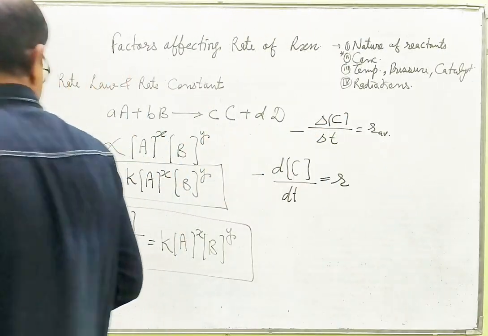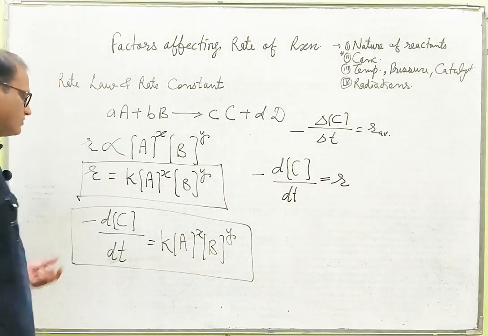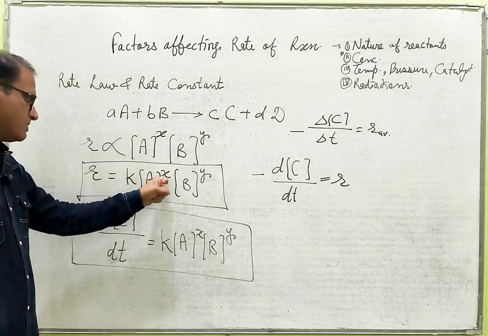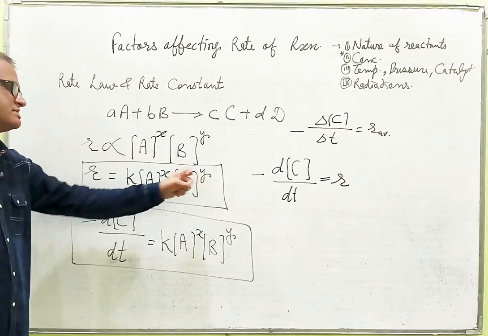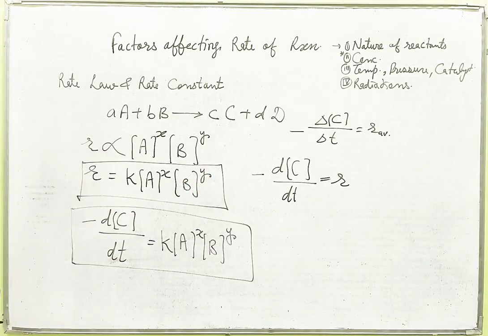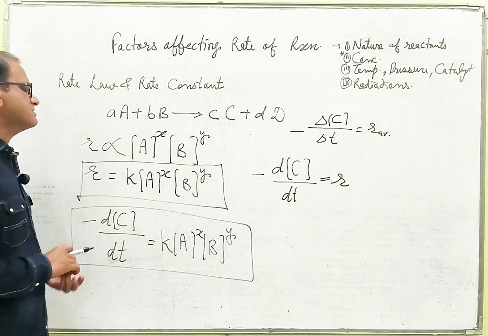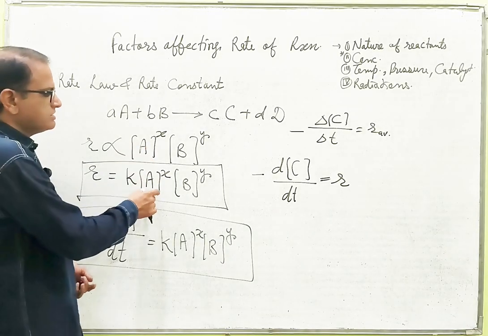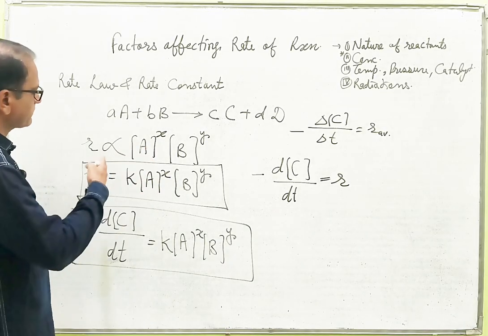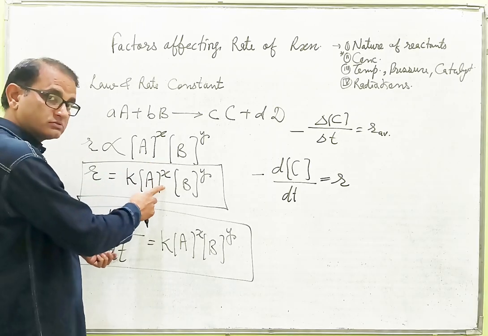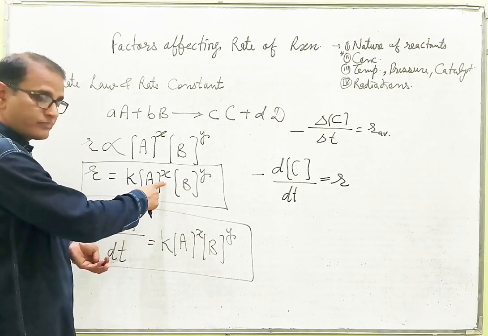Here in this equation, the important terms are the powers of A and B, that is x and y. These are the powers which tell us how the concentration of A affects the rate according to this exponent.